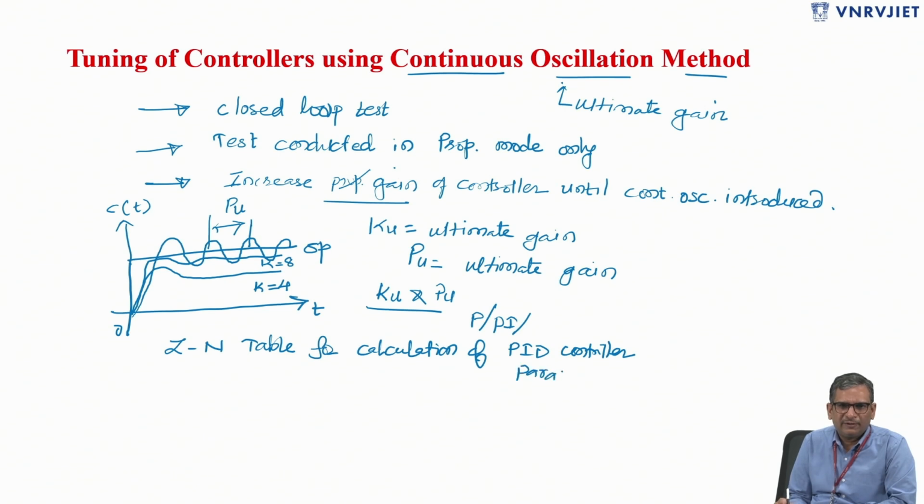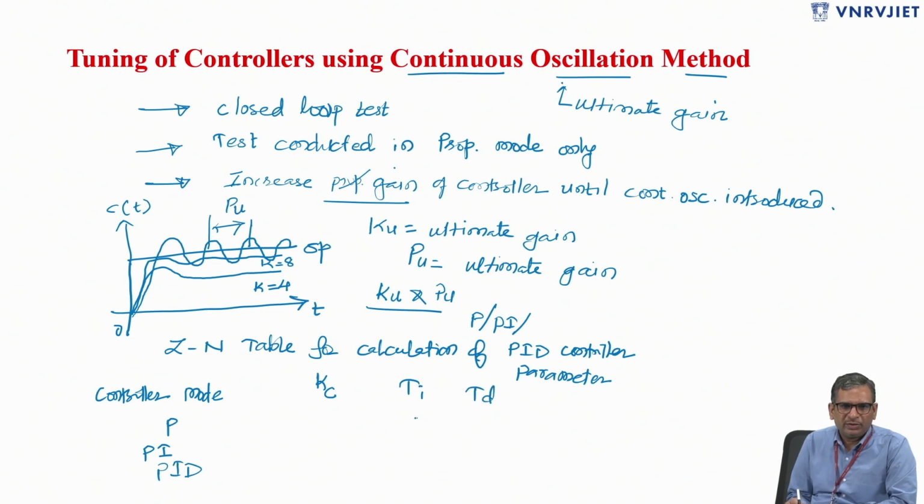As per this, if we consider the controller mode, say it is P, then PI as well as PID, we'll find the proportional gain Kc, integral time Ti, as well as derivative time Td.